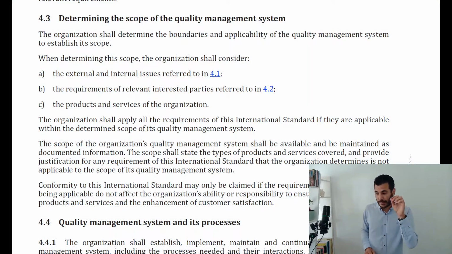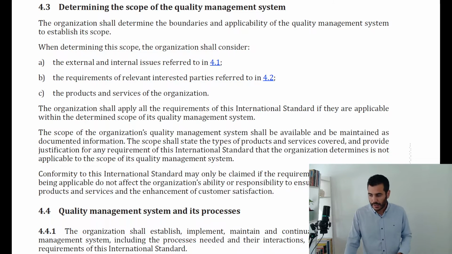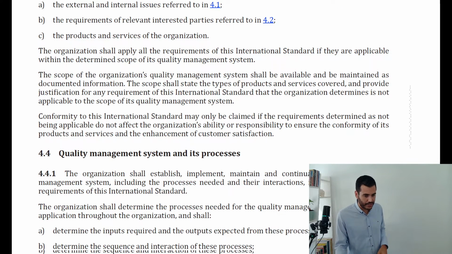Okay, so that is definitely not written anywhere in the standard, and this was a practice that was inserted within the organization by the consultant that was working with this client before me. So it's important that we keep our management system realistic to the needs of our organization.